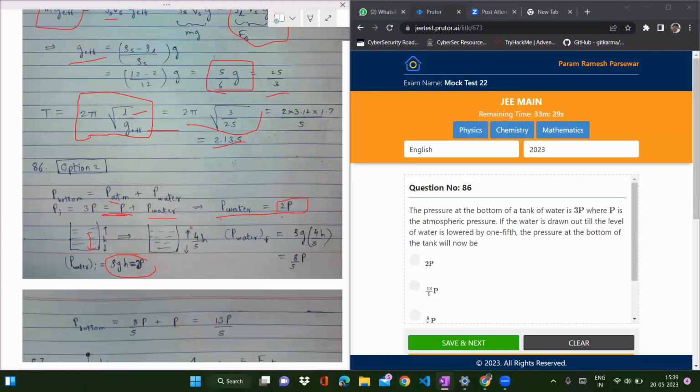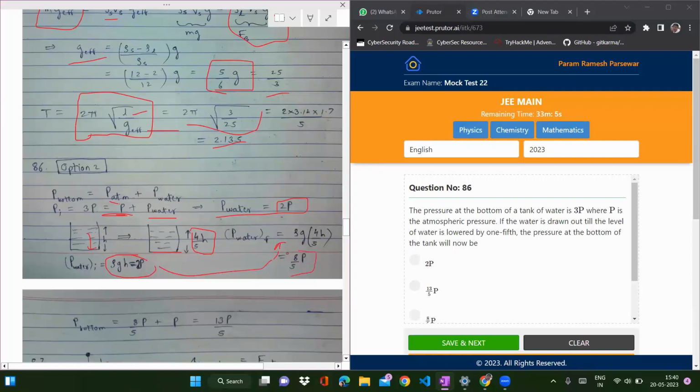But now it is said that the level of the water is decreased. The level is lowered by 1/5, so the height becomes 4/5, as 1/5 of the height is reduced. So the new pressure of the water at the bottom will be rho g into 4 by 5 h. Now rho gh equals 2p, we will substitute it here, and 4 by 5 into 2p equals 8p by 5.